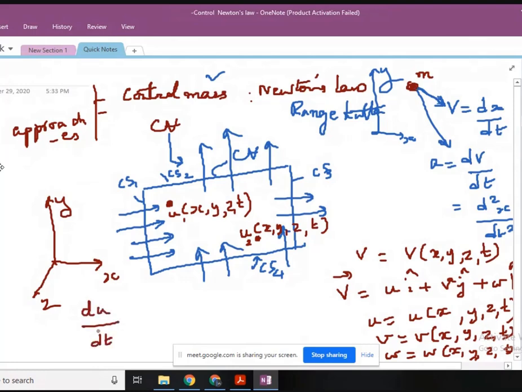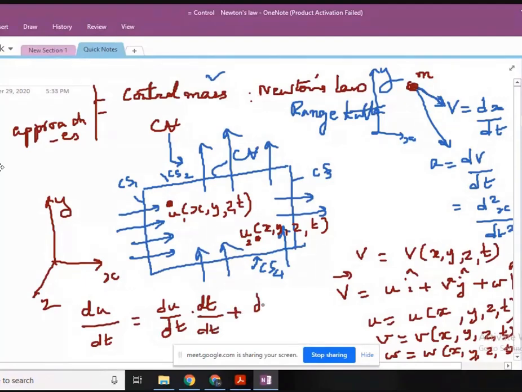This being a function of space and time, I can expand this term using the chain rule. First, the partial derivative of this scalar with respect to time t, and how the variable itself varies with respect to time t, which is dt by dt.